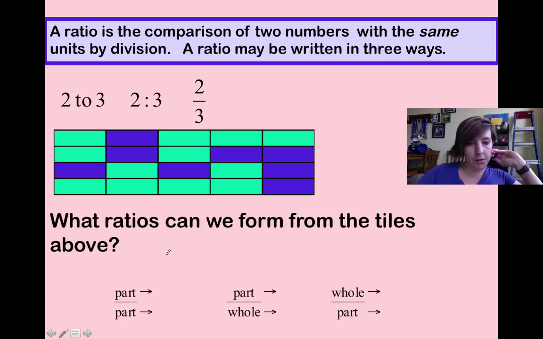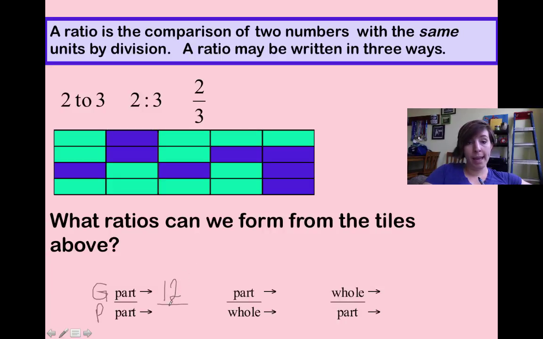One part is the green tiles, and one part is the purple tiles. If I say green to purple, I have 12 green tiles to 8 purple tiles. So I have 12 to 8.